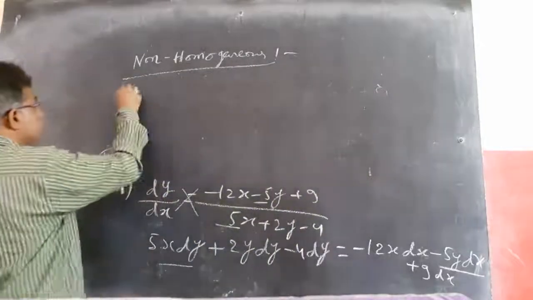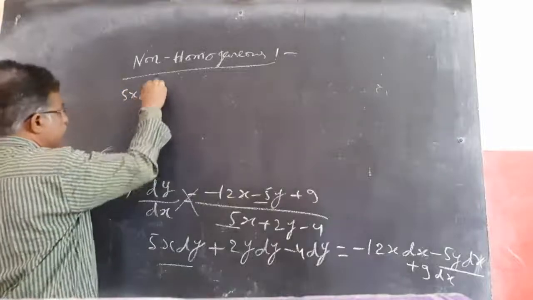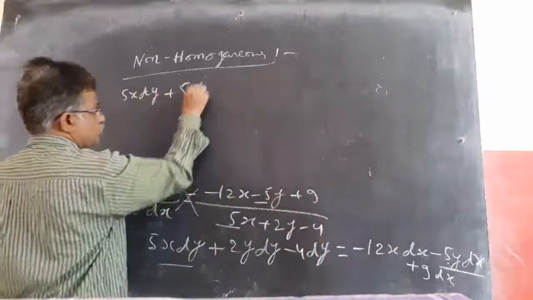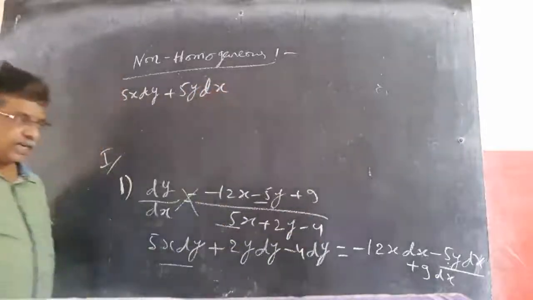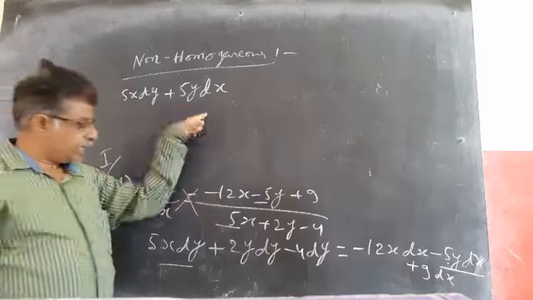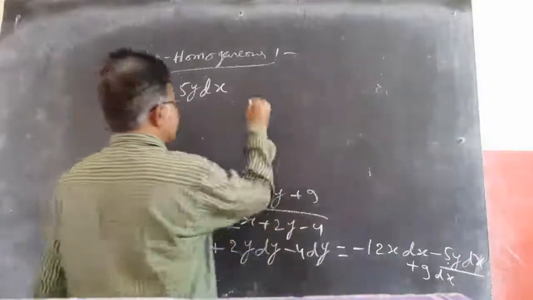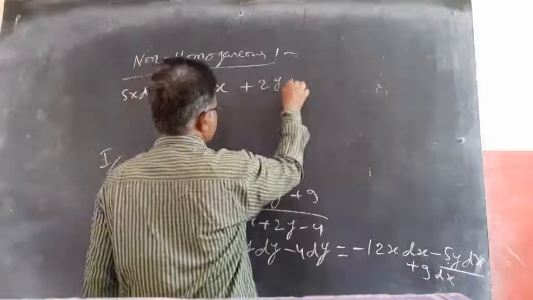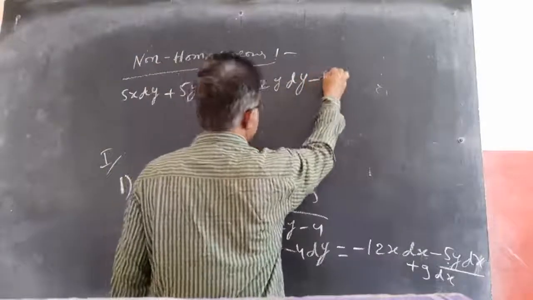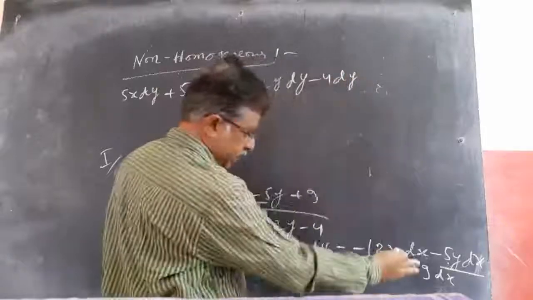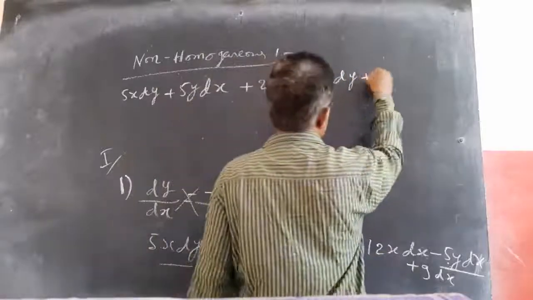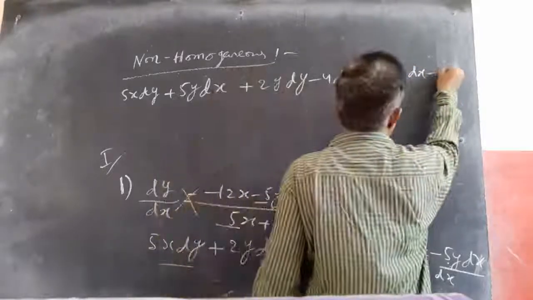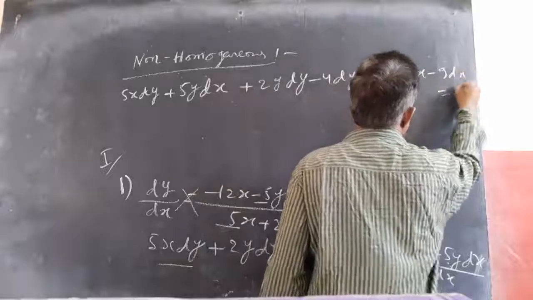The remaining part as it is: plus 2y dy minus 4 dy, and bringing minus 12x to this side, plus 12x dx, and minus 9 dx, equal to 0.